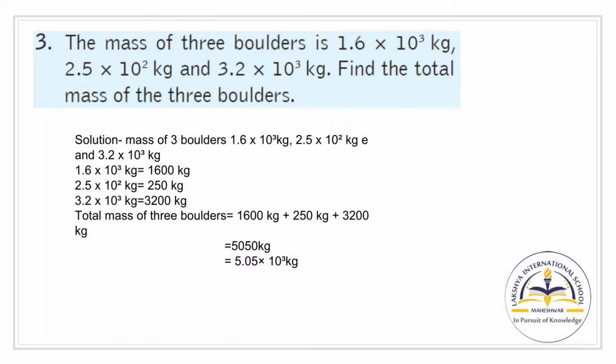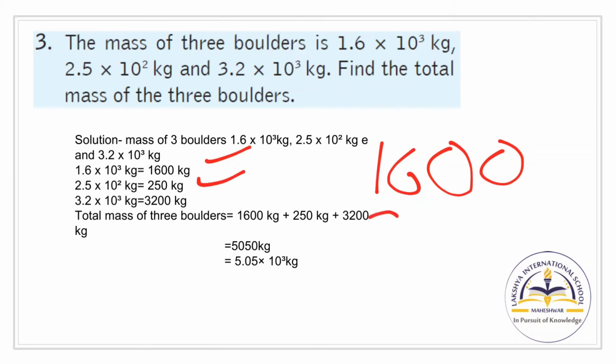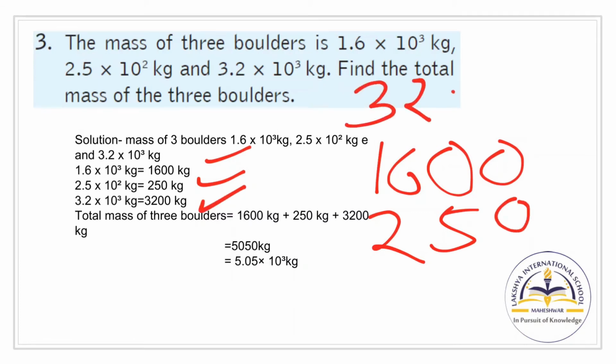So what will be 1.6 into 10 to the power 3? It will become 1600. Second, 2.5 into 10 to the power 2 means 250. Now 3.2 into 10 to the power 3 means 3200. Now you have to add them.